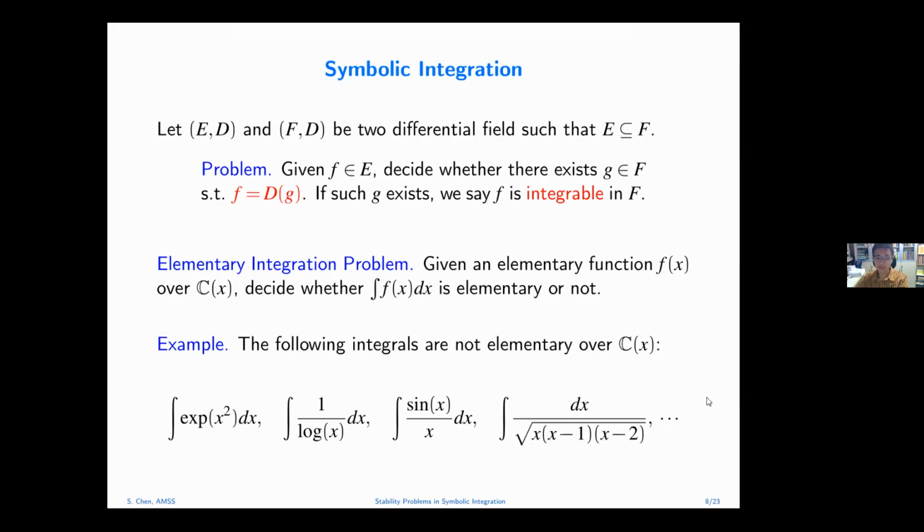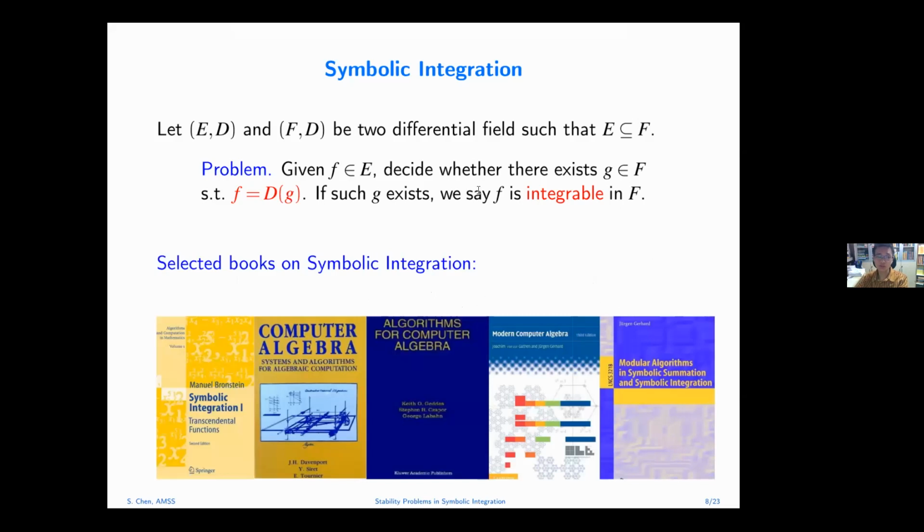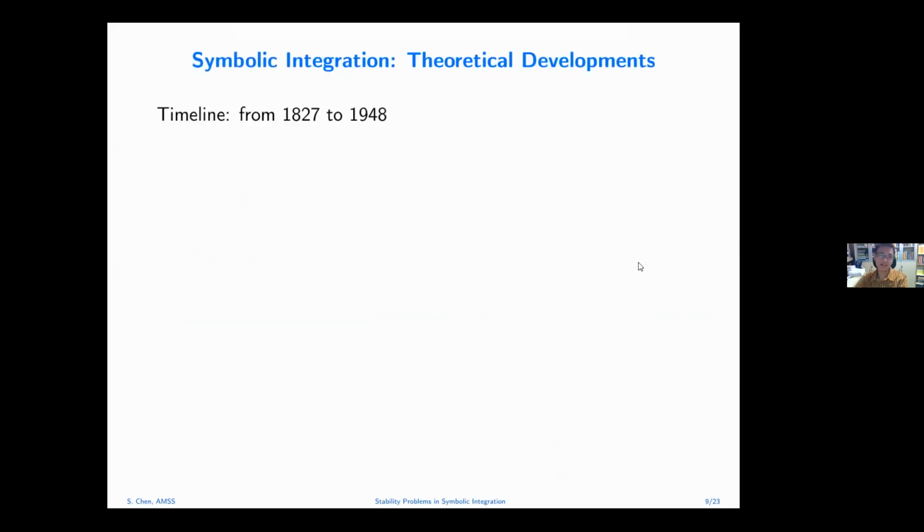And the key to show those... maybe let's just give a very brief overview, because there are some books on symbolic integration. I will not go through the details, because I prepared maybe one hour of slides, but I will skip some steps. In the slides, you will see how the topic of symbolic integration developed.